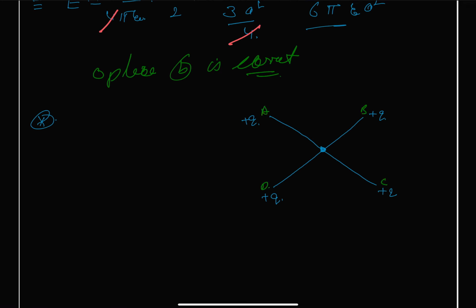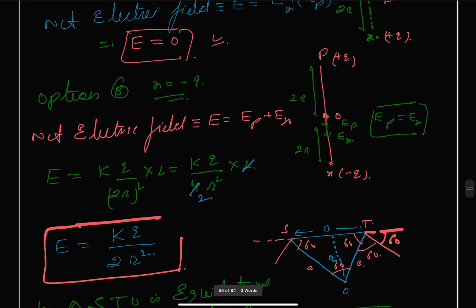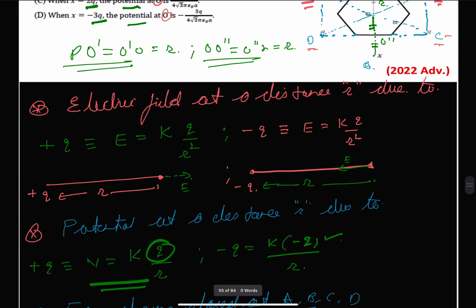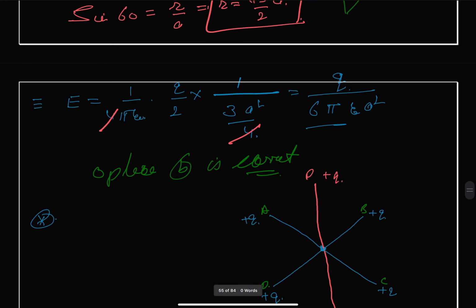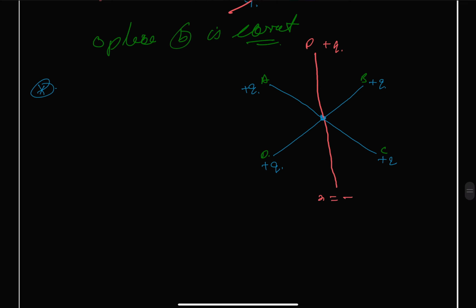Point P also has a plus Q, and X in this case has a charge of plus 2Q.